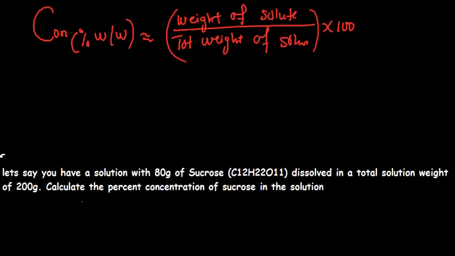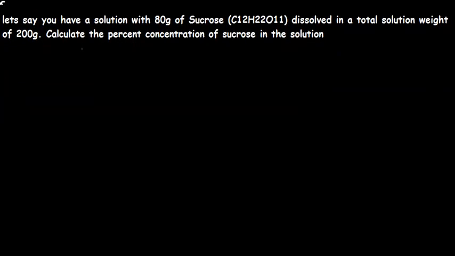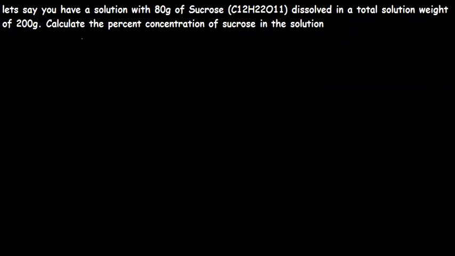Let's look at another problem. In this problem, let's say you have a solution with 80 grams of sucrose dissolved in a total solution weight of 200 grams, and we are asked to calculate the percent concentration of the sucrose in the solution.